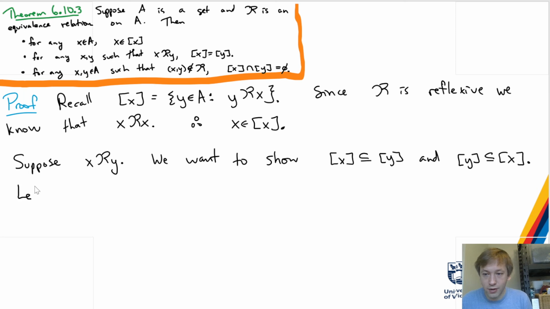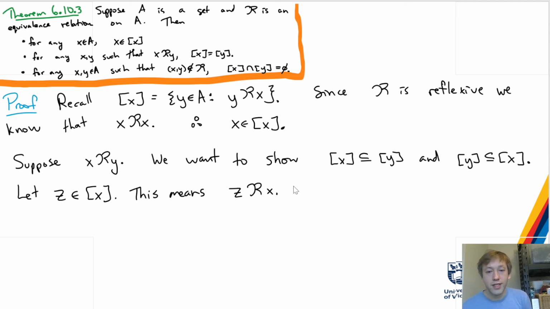So, okay, let z be any element of the equivalence class of x. And we want to deduce that z is in the equivalence class of y. Well, since z is in the equivalence class of x, this means, apologies for the dogs barking in the background, that z is related to x.